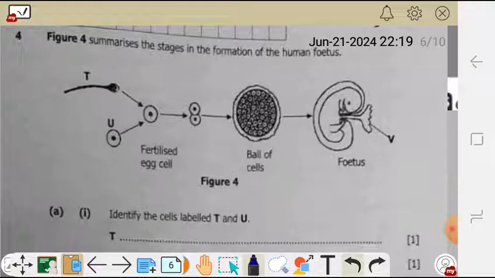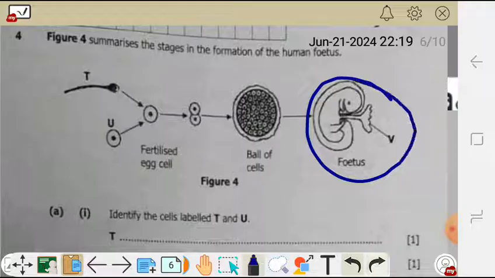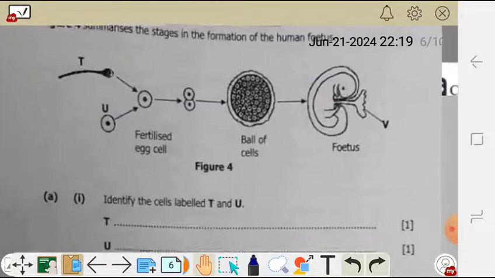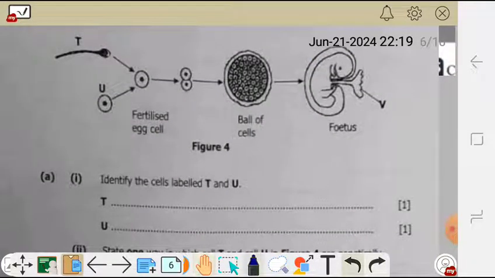So question 4 here, they are saying figure 4 summarizes the stages in the formation of the human fetus. So here the end product is the fetus. So we have two cells here, we are seeing they are joining together to form the ball of cells, and then we have a fetus. Now the question is asking to identify the cells labeled T and U. So we have T there, then we have U here.